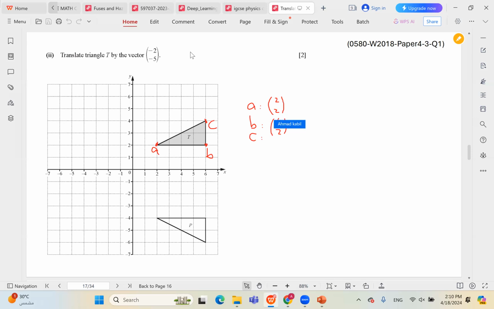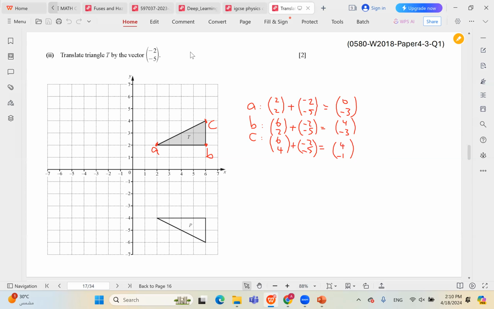And C is 6, 4. You add the translation vector, which is -2, -5. So you get here 0, -3, 4, -3, 4, -1. And then you plot these onto the graph.